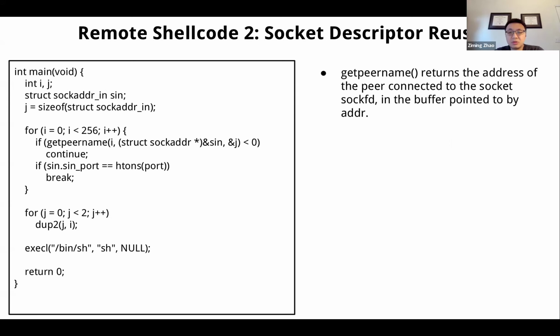So to bypass that problem, there is another approach. It's called the socket descriptor reuse approach. It's actually a very similar approach. The idea is we're not going to use a huge port number. Instead, we are going to find an existing port number that is already in use, and we are going to reuse that.